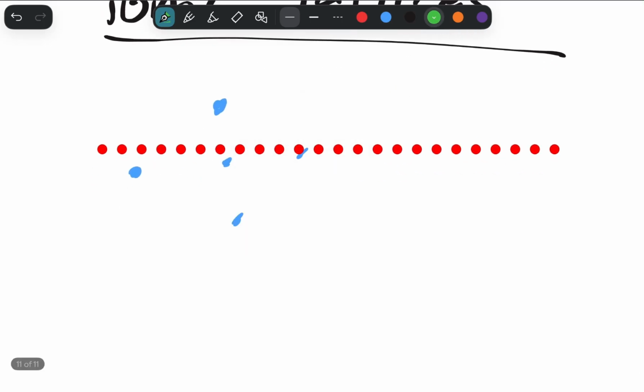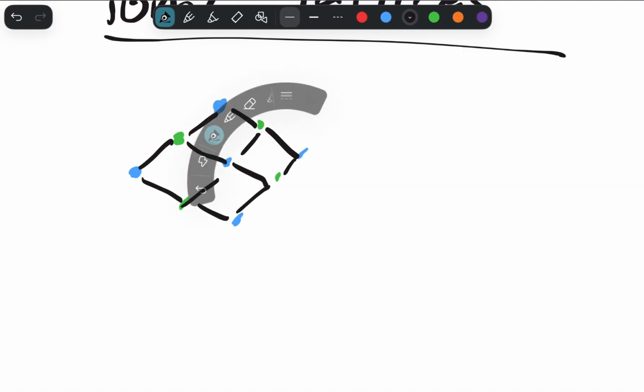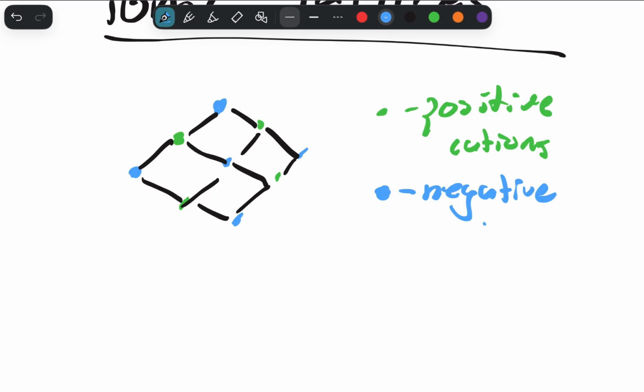I'll just draw it like this, right? So the green is positive, or your cations, and blue is your negative anions.